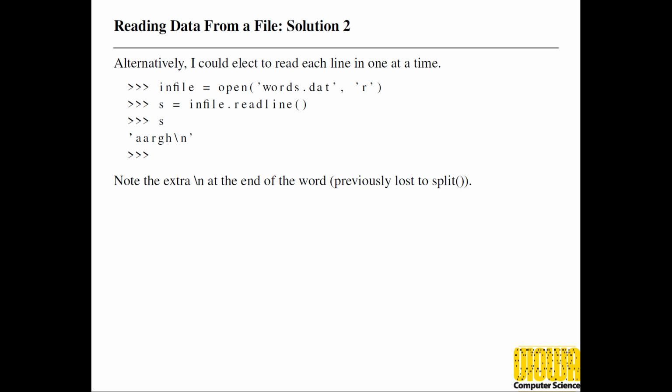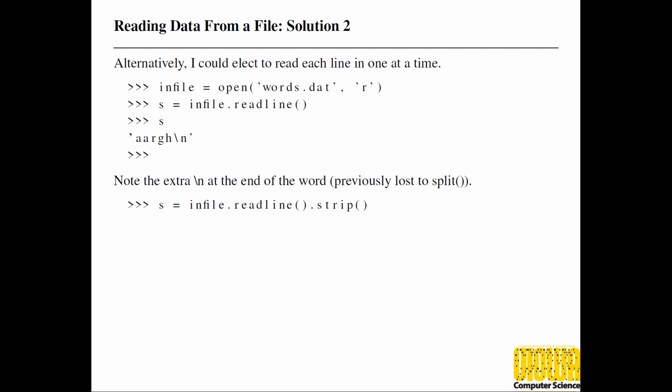So here, I'm not going to split this because I've got my word already, but I do want to get rid of that extra white space. So what I'm going to use is, instead of split, a method called strip. And moreover, readline returns a string, and strip is a method of string. So I'm just going to append that dot method notation to apply strip to the result of this readline.